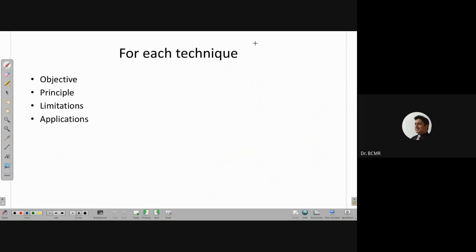So for each of the techniques, and for the previous techniques too, if we have already covered any, we should know the objective. What is the technique used for? Then what is the principle, and what are the limitations and applications?